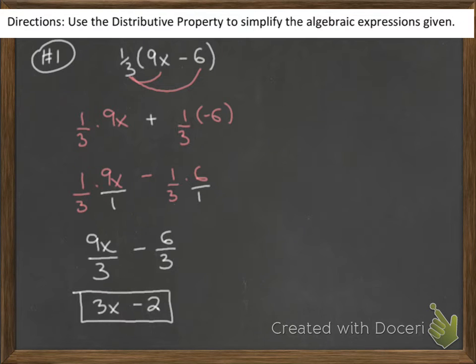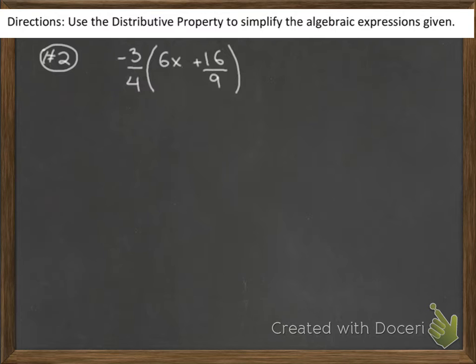Let's do another example. Number 2 says negative 3/4 times the quantity 6x plus 16 over 9. So again, what we need to do is multiply every term in the parentheses by negative 3/4. So we have negative 3/4 times 6x plus negative 3/4 times 16 over 9.